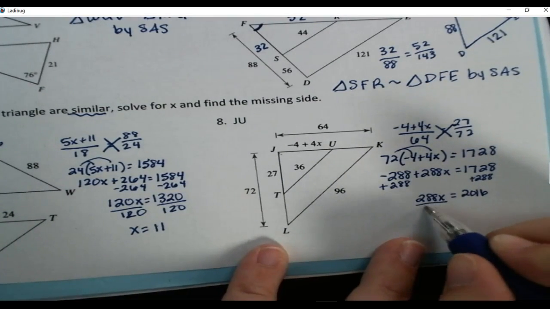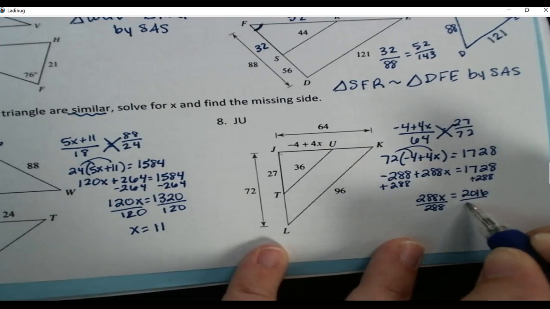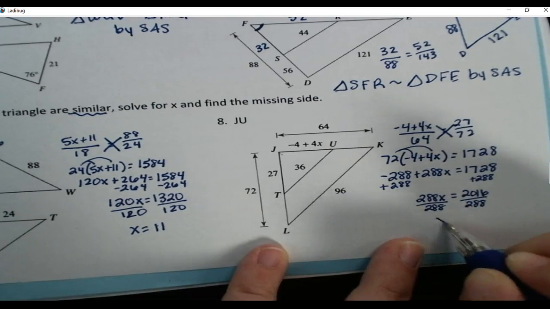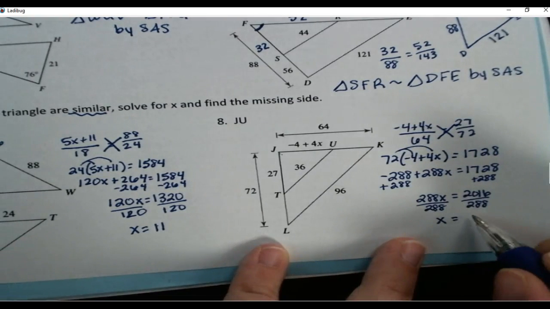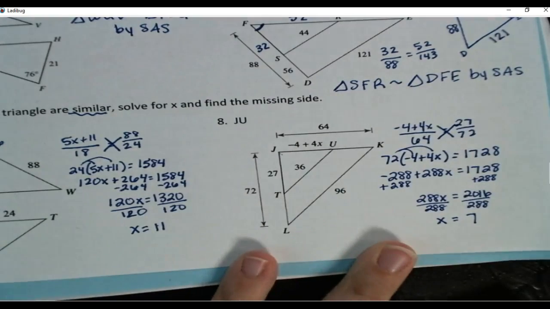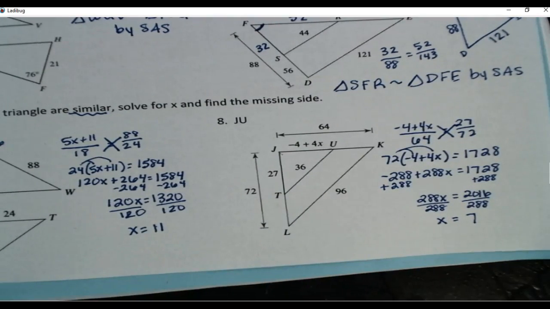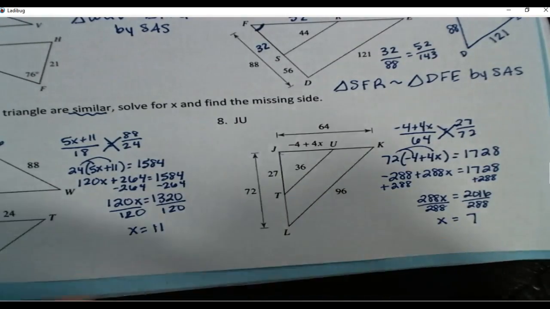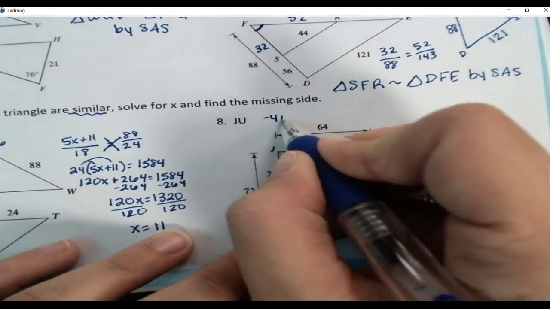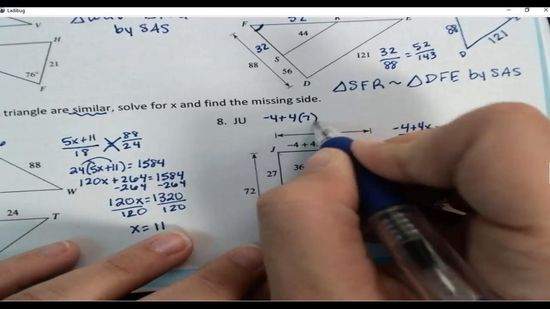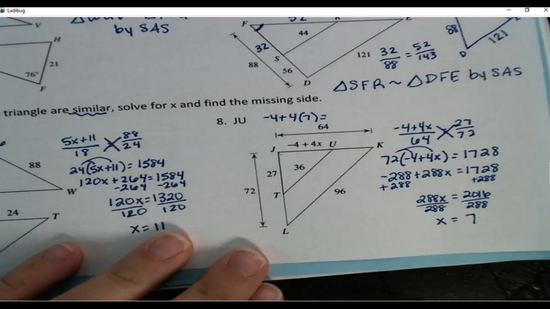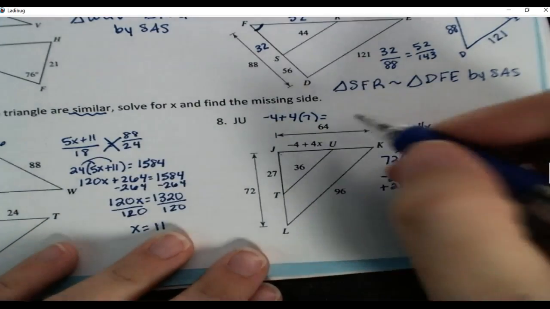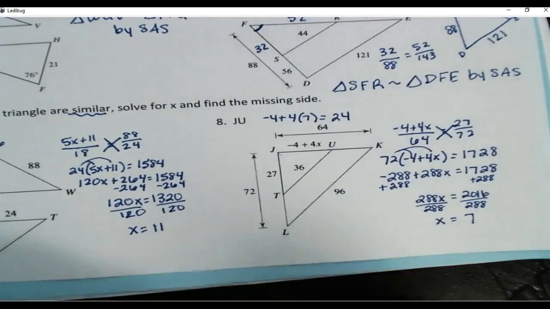And then divide, and so we get 7. And then again, if we wanted to find JU, we would just take that 7 and plug it back in. So negative 4 plus 4 times 7 gives us 24.